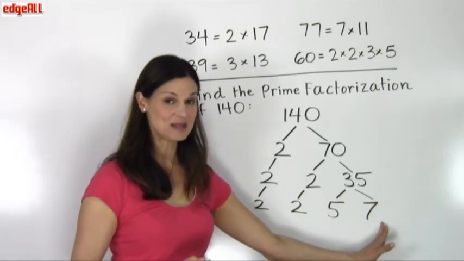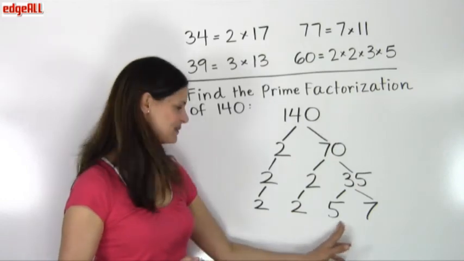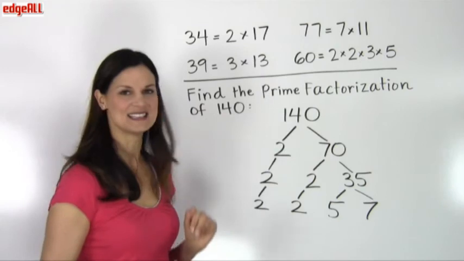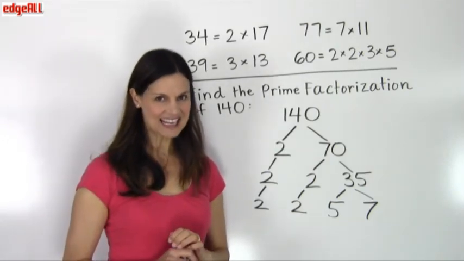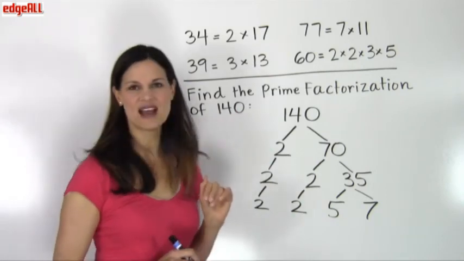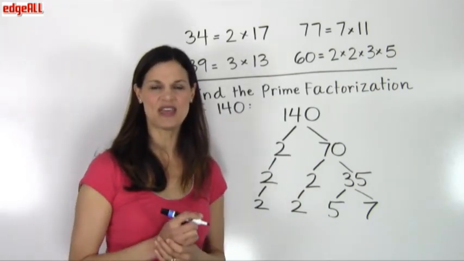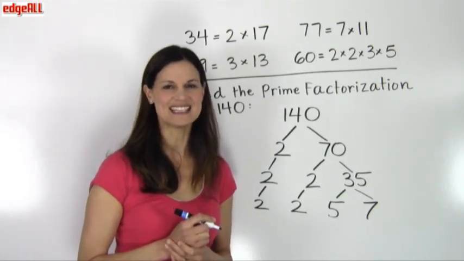If I multiplied together 2 times 2 times 5 times 7, my answer is 140. You need to practice doing these prime factorization problems a lot to become very familiar with them, and then they become simpler and simpler the more practice that you get.